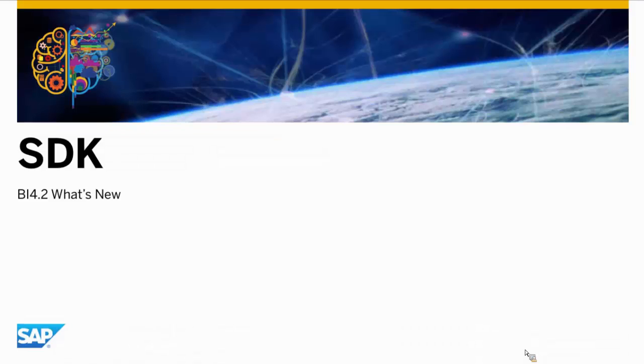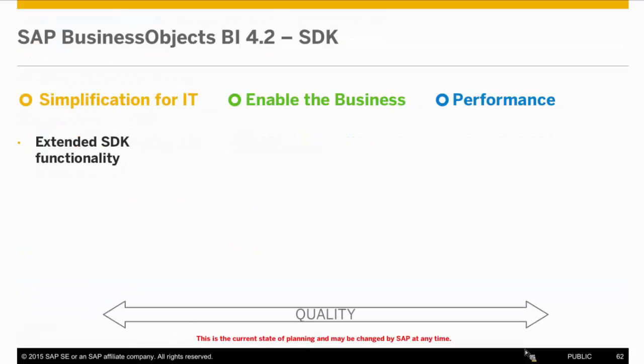On the SDK, we further down the road extended the SDK functionality. So we added a whole list of new functionalities I already provided in the platform slide. We now have an SDK, a RESTful Web Service SDK, for the publication engine, for adding, modifying, or removing users, but also for downloading or importing content into the SAP BI platform.